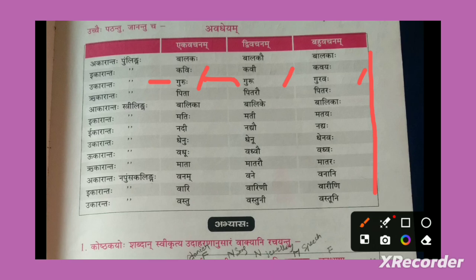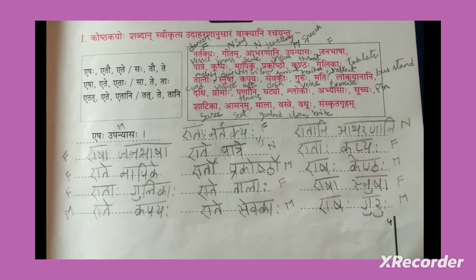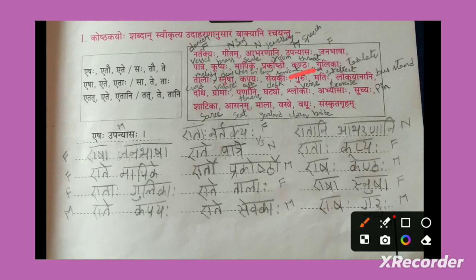Again, go back to your exercise. Now you got Guruhu, the singular form of male gender. Now what do you need to fill to create a sentence? You need the male gender singular form: Yeshaha or Saha, this or that.